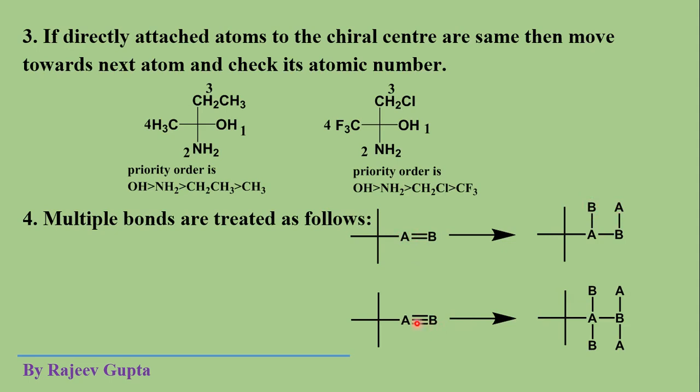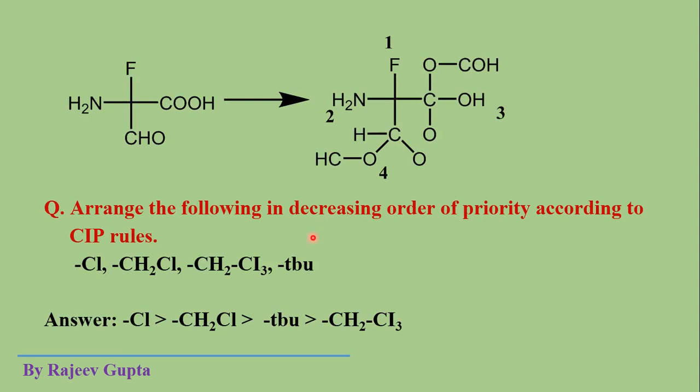Now if we break the triple bond: if we break one pi bond, we get two sigma bonds, and if we break two pi bonds, we get four sigma bonds. So it happens two times, so the B symbol comes two times, and again A two times. So we will create multiple bonds like this.